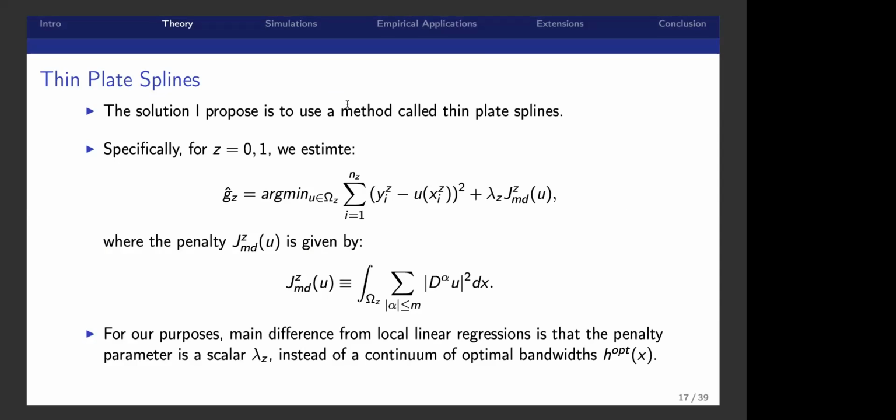I'm understanding that you're imposing one penalty parameter in both dimensions of the space. If that's correct, could you make your method a little bit less restrictive by allowing for two penalty parameters? Would that be a sensible way to go?